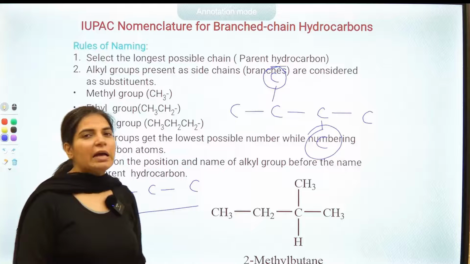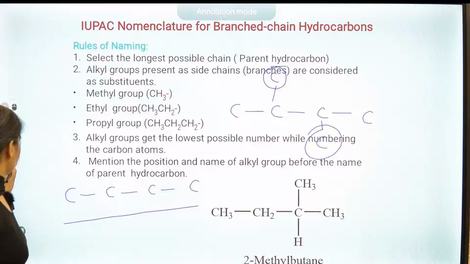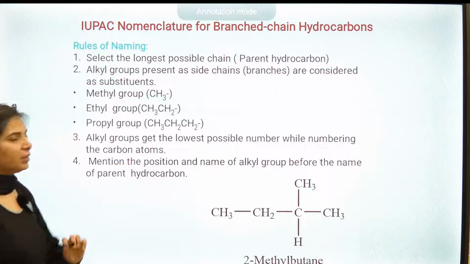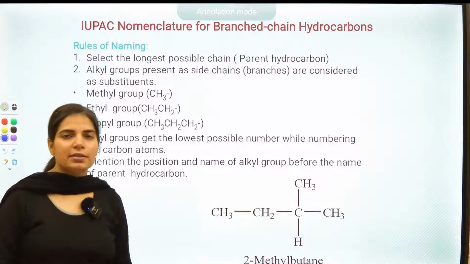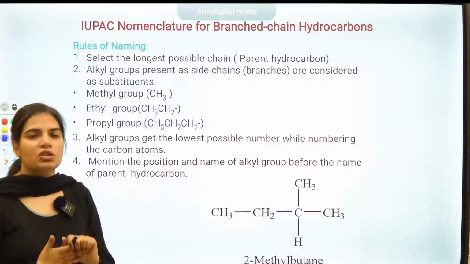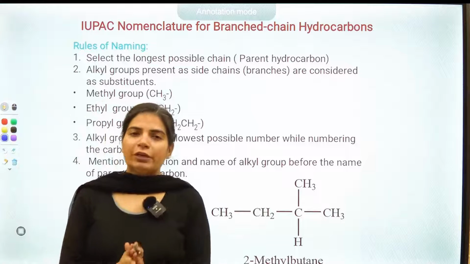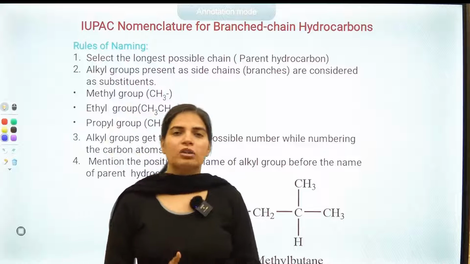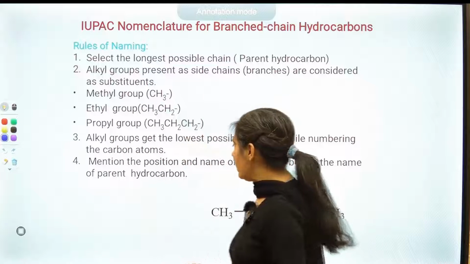We have certain rules for naming as per the IUPAC system. The first rule is to select the longest chain. Firstly, we have to find the parent chain. Now, what is the parent chain?